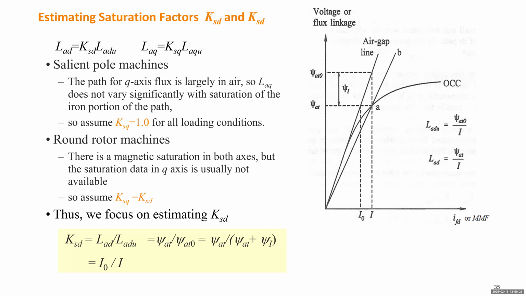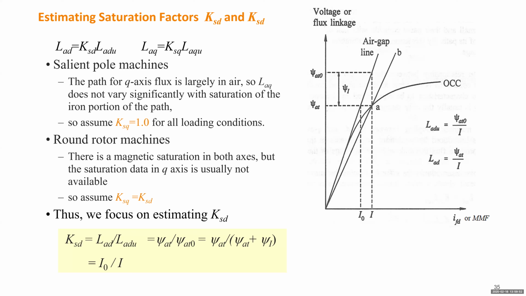By having the field current I, you can generate the air gap flux linkage psi_AT. If the generator has no saturation, you don't need this much current. You can reduce the current to I0, which can generate the same amount of psi_AT. Then I0 divided by I will be the factor you're looking for, by utilizing this triangle.